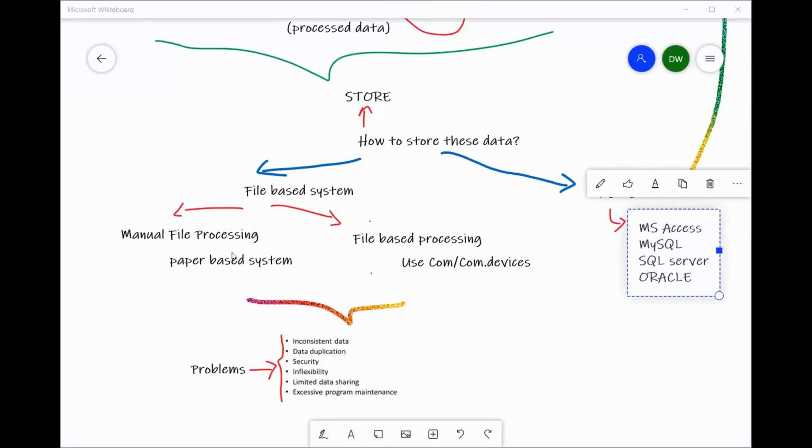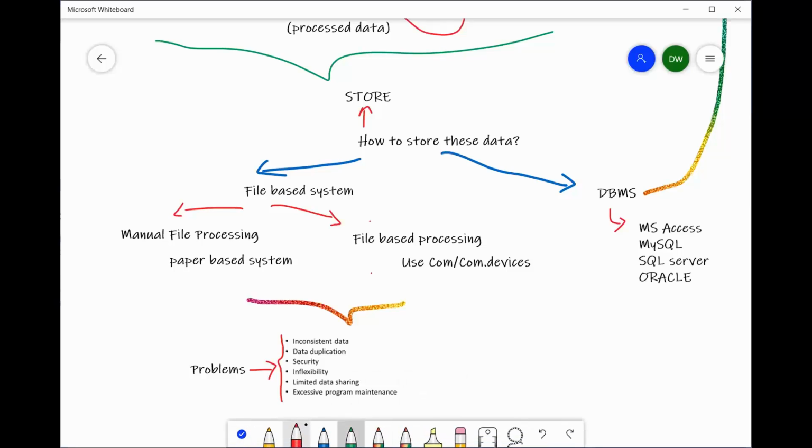And there are some disadvantages of database management systems as well. Before writing about disadvantages, I'll mention the advantages here. Right?